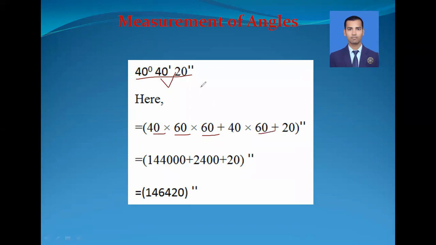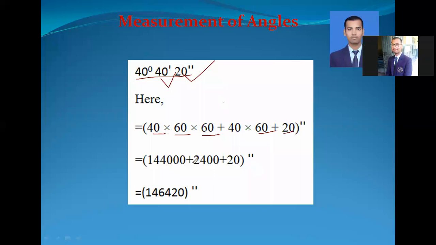And then 20 is already given in seconds, so we don't need to multiply the second by anything anymore. That's why 20 is added. When we multiply 40 into 60 into 60, we get 144,000, plus 2400 after multiplying 40 and 60, and plus 20.